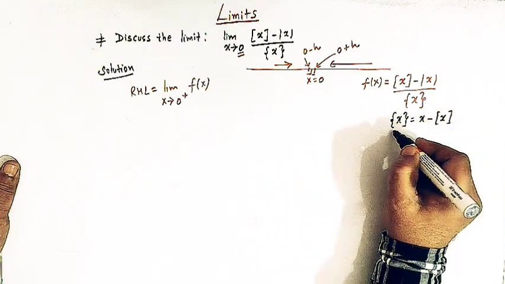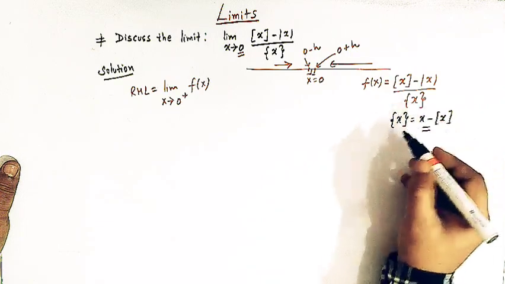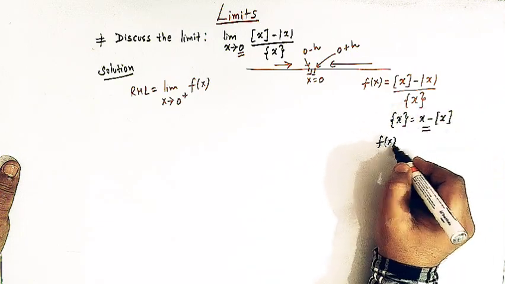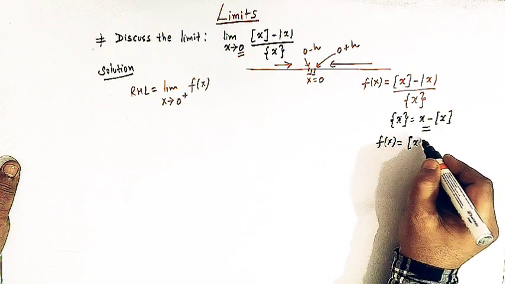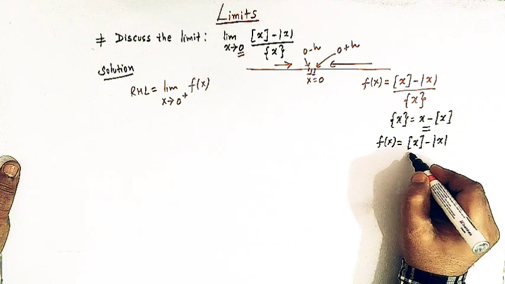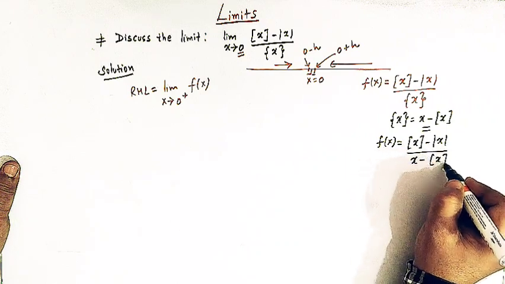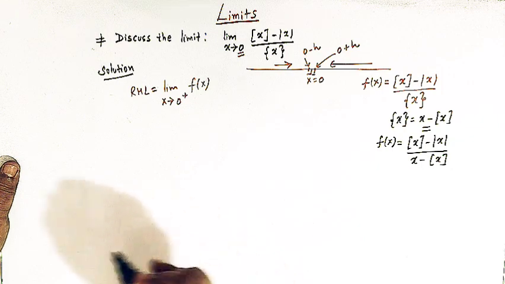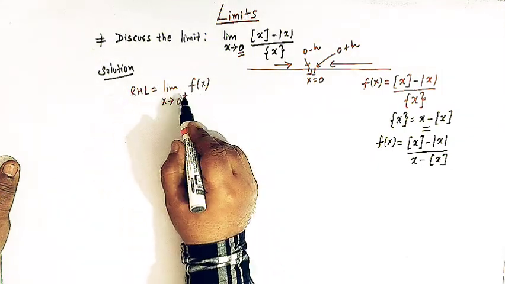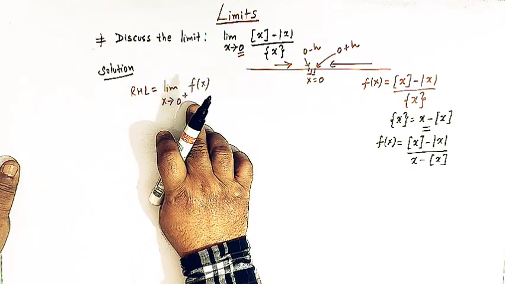So when we substitute this value, our function f of x takes the form: the greatest integer of x minus mod of x divided by x minus the greatest integer of x.